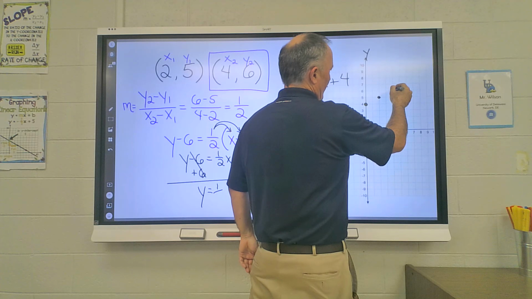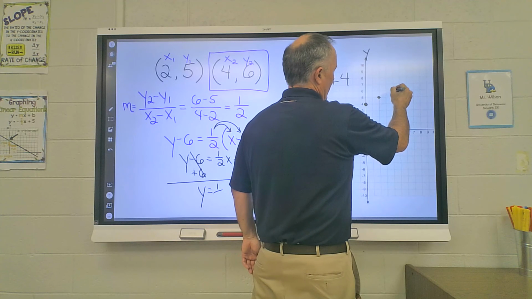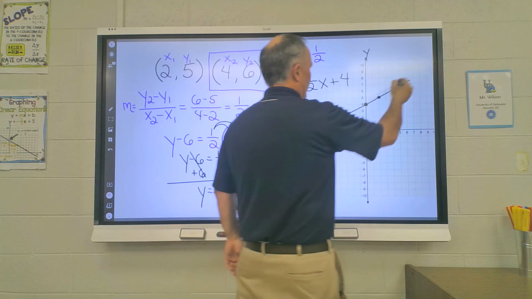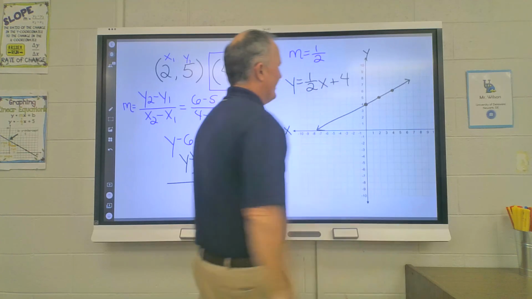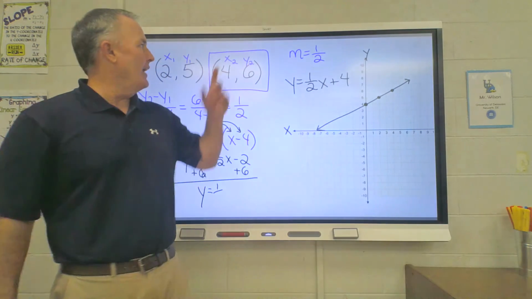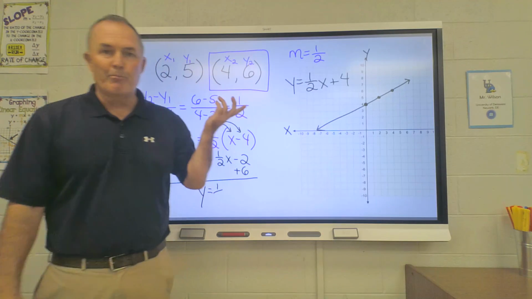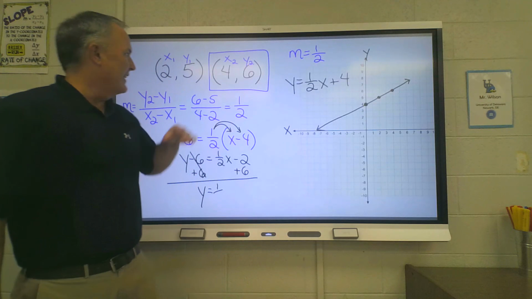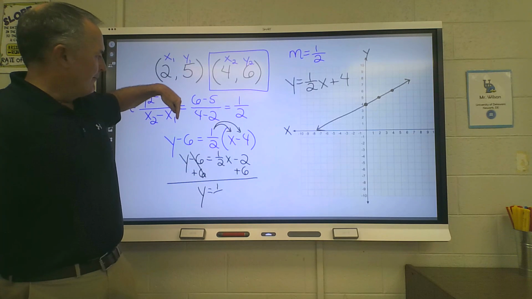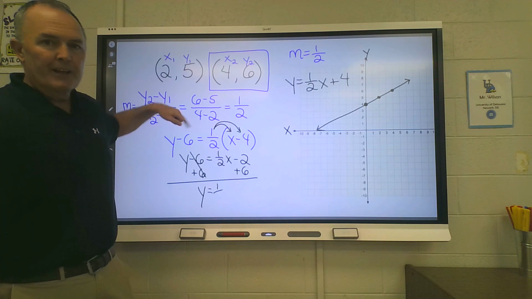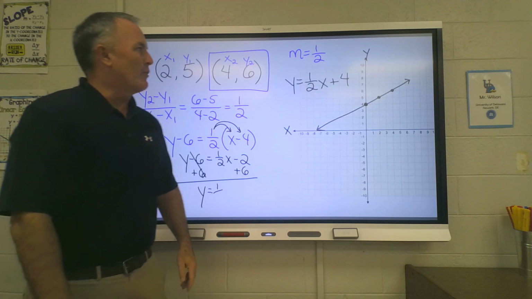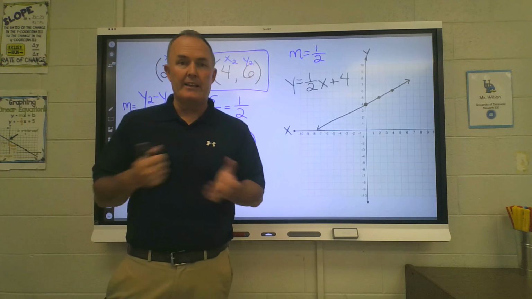Just to be safe, I might go up 1 over 2 more, to create a more accurate line. So if you're asked to graph that information, yes, you could probably just put those two points on a graph and draw a straight line. But usually you're just asked to create an equation in point-slope form and then convert it into slope-intercept form.